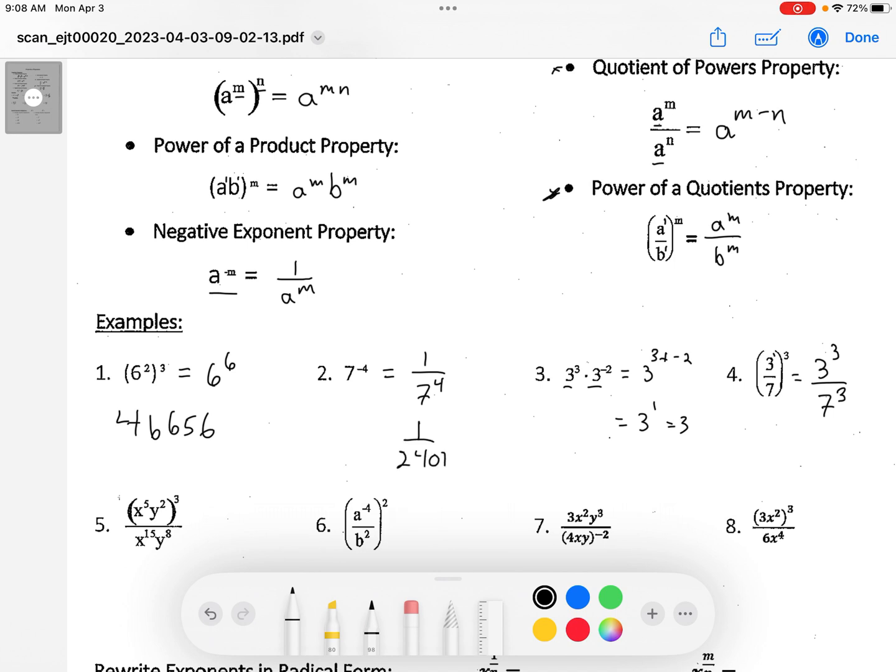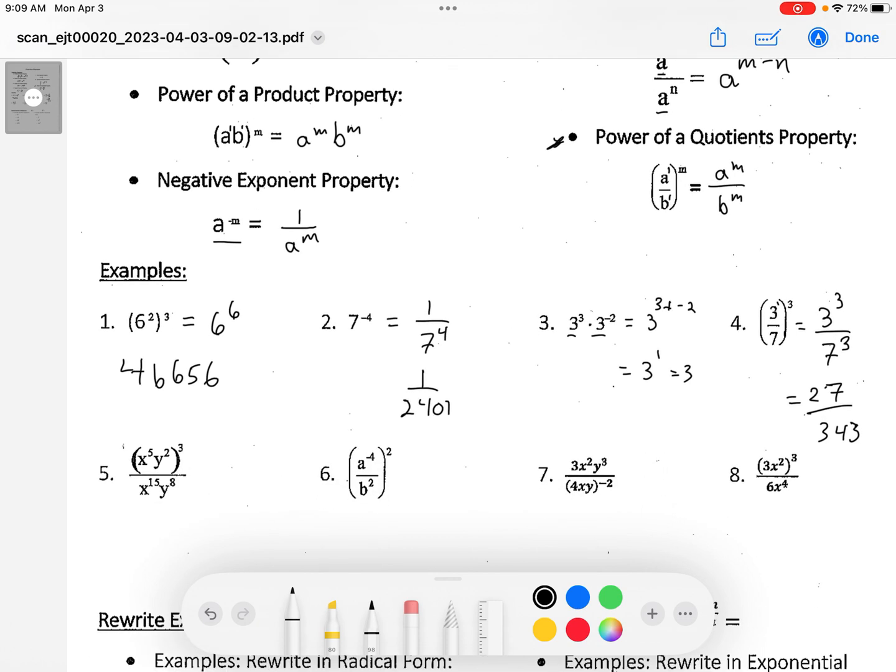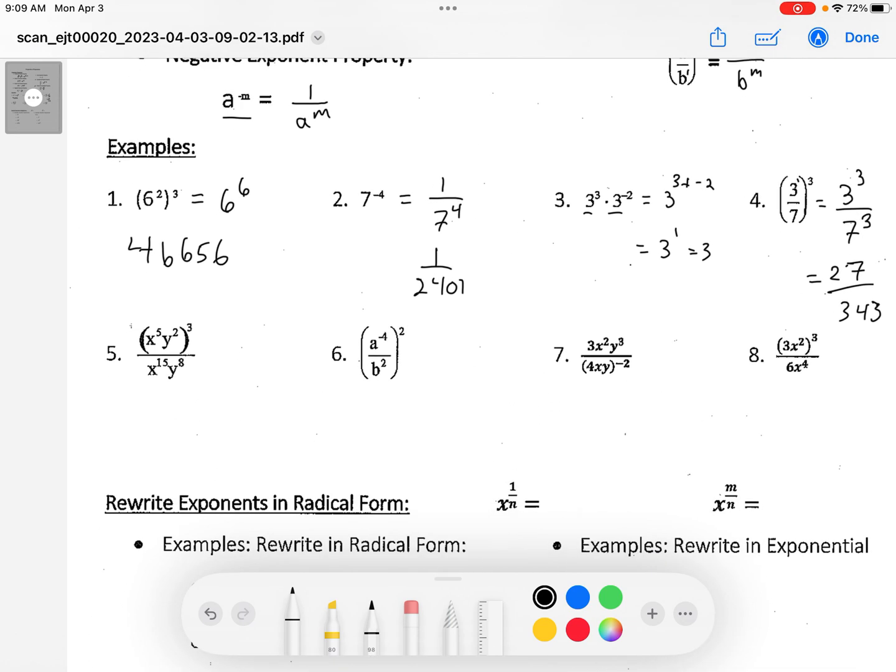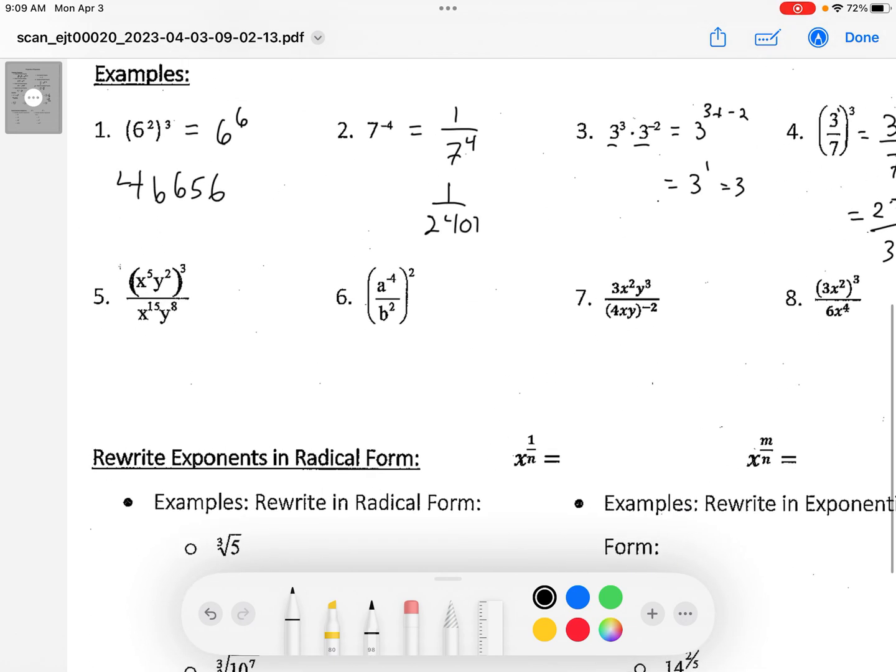You see what I mean? We don't really need to do these because we're just worrying about the exponent properties, okay? Now, when you get to 5 through 8, you're going to have to do some thinking, okay?